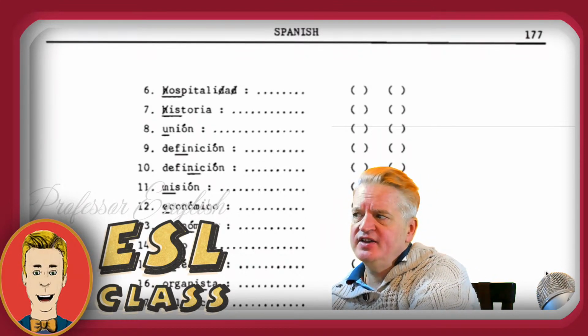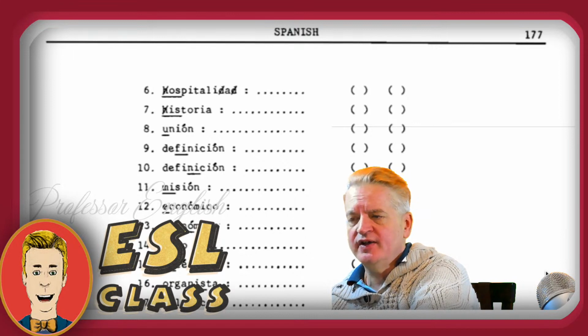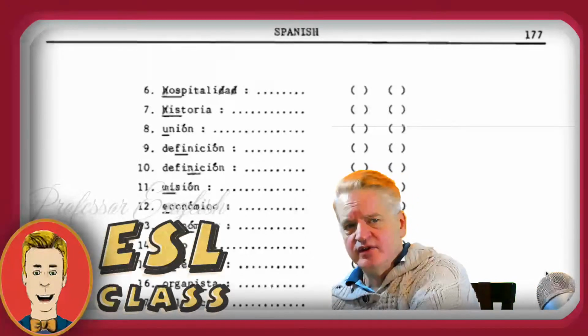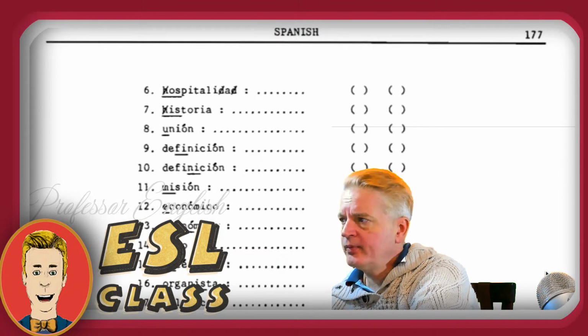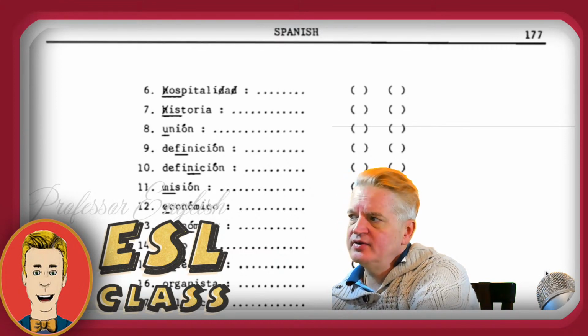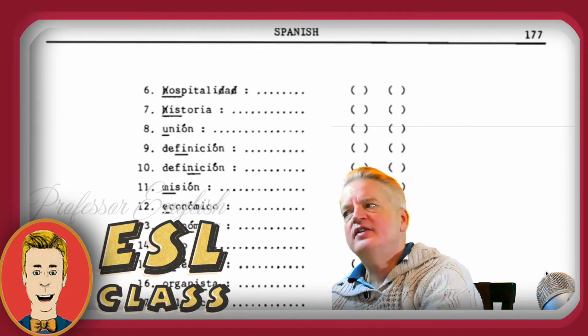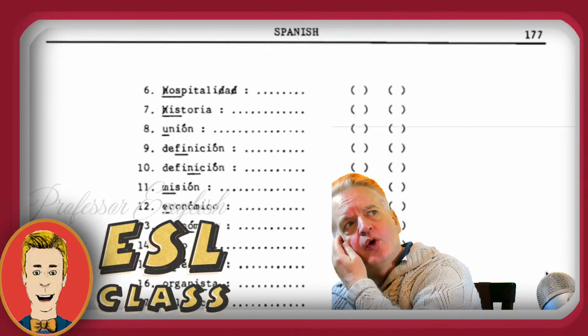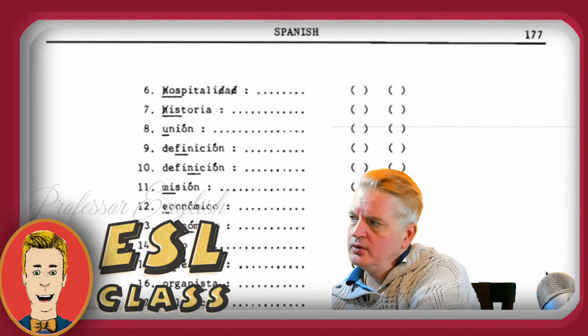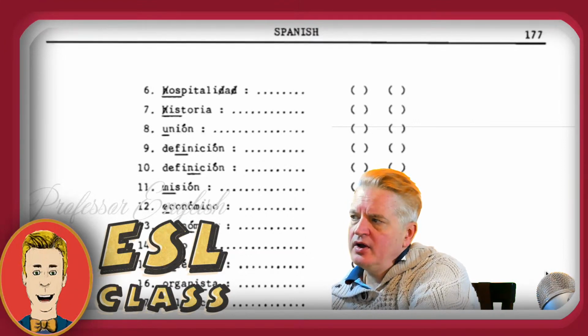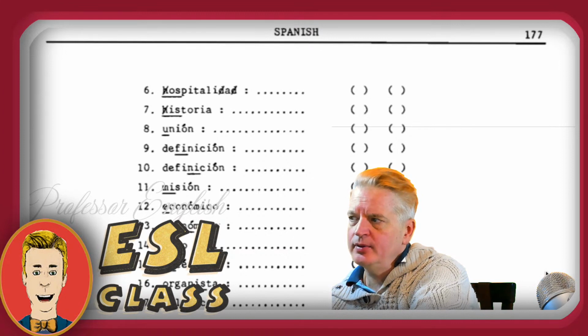Number 7, historia, and the underlined part is the first syllable, is. 8 is unión, and the underlined syllable is u. 9 is definición, and the underlined syllable is fi.